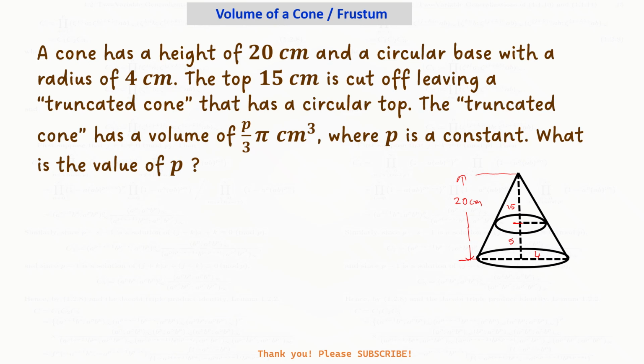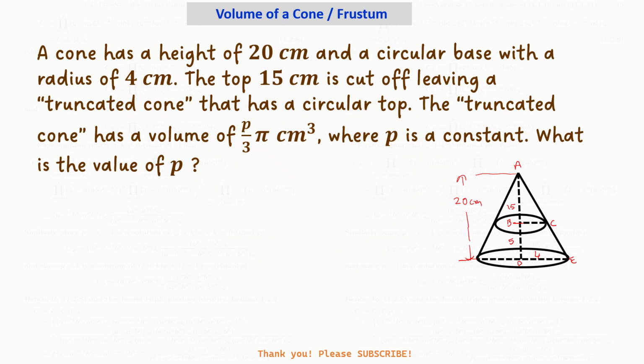We don't know the radius of the cone that has been cut off, the one with height 15 centimeters. So we can find it if I name these points A, B, C, D and E, then we can say that these two triangles are similar.